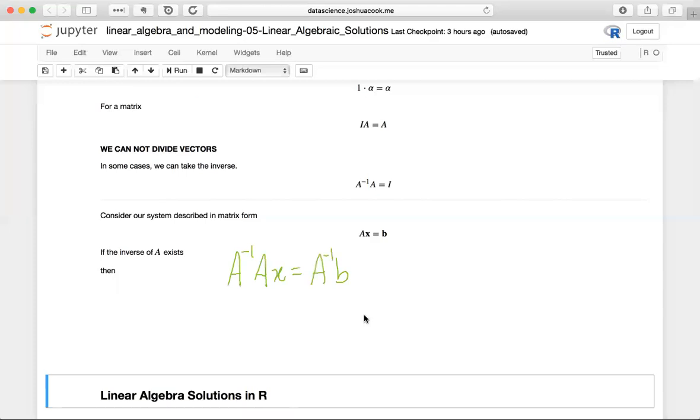Now A inverse times A is the identity, I. And I, the identity matrix, times anything doesn't change it. So we wind up with x equals A inverse b. And this is going to be the solution to our equation. This is going to give us the values of x that we are looking for.